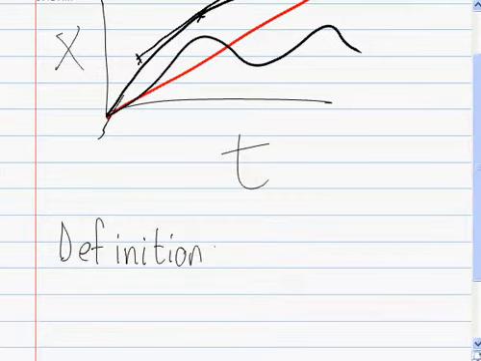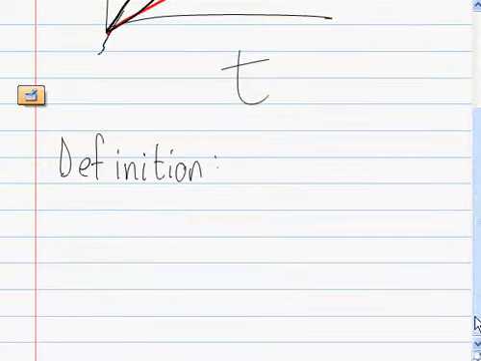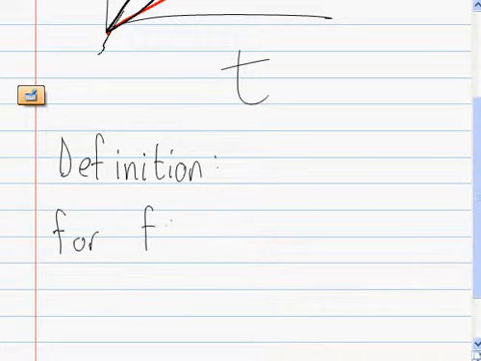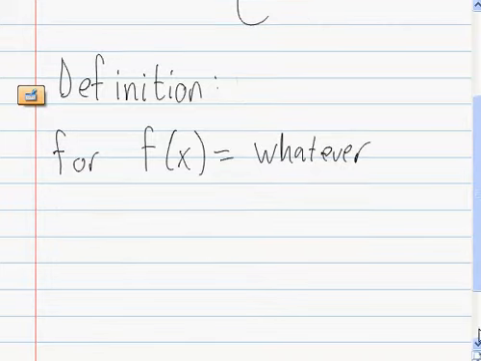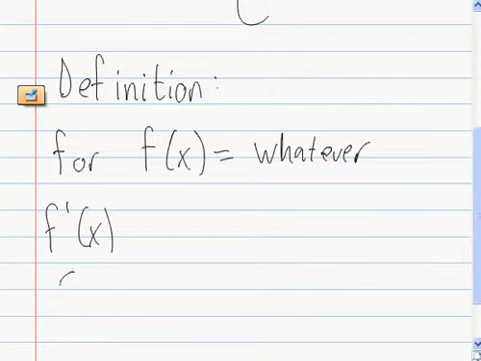is that for f of x equals whatever, then the actual derivative, what's sometimes called f prime of x, the Leibniz would be df dx.